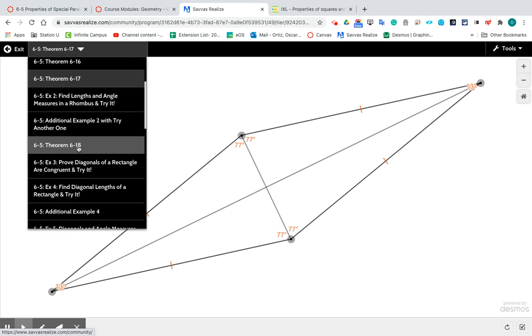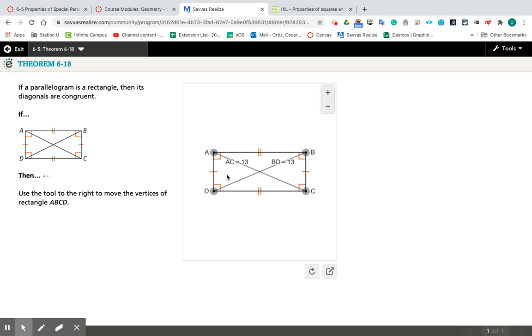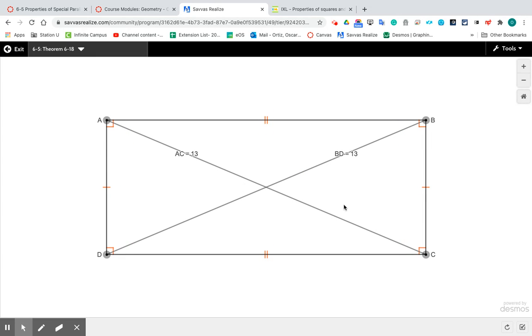What is the special property about rectangles? Well, the main property about rectangles is that their diagonals are congruent. So you see the distance from A to C is labeled here. Distance from A to C equals 13. And so is the distance from B to D, also 13.